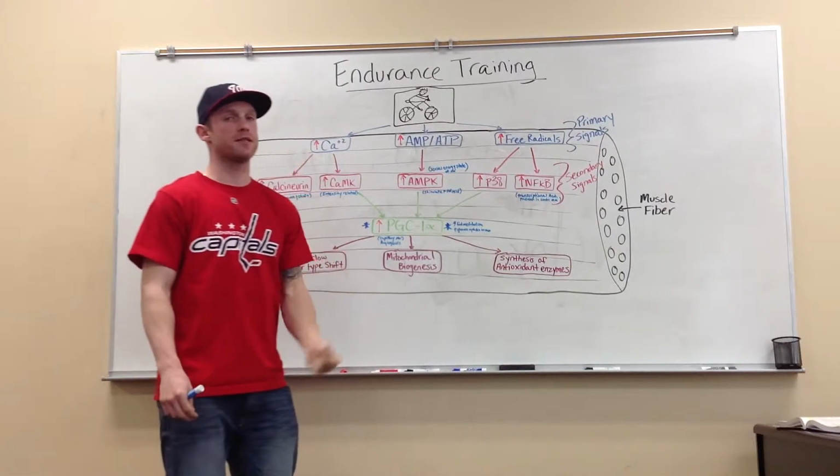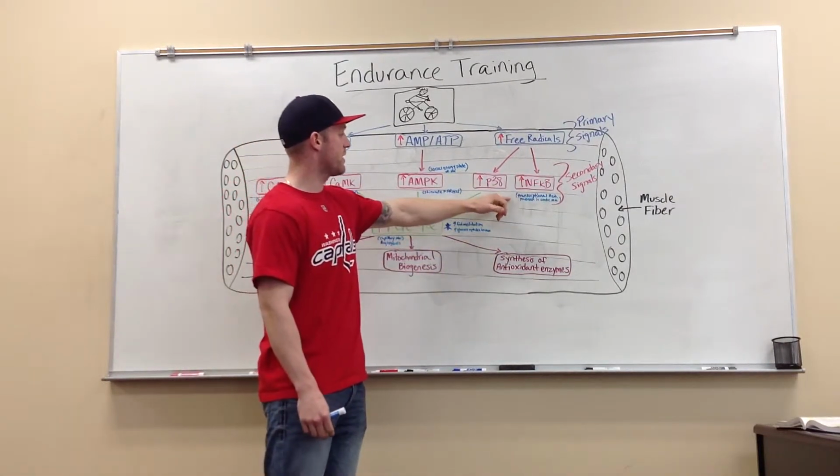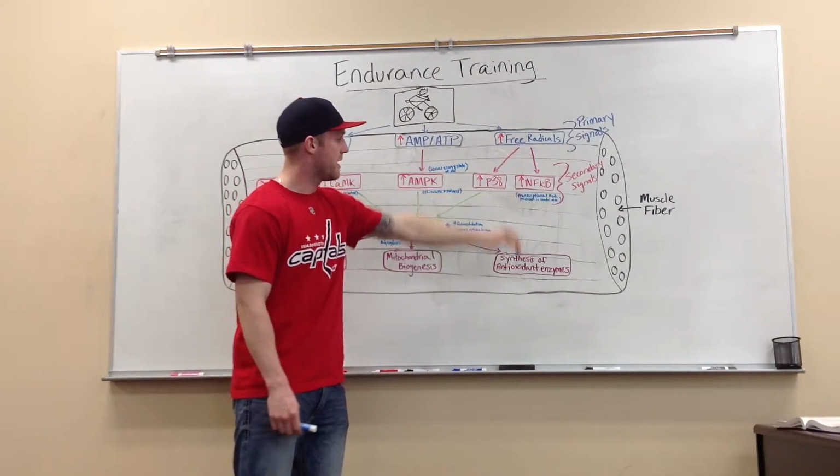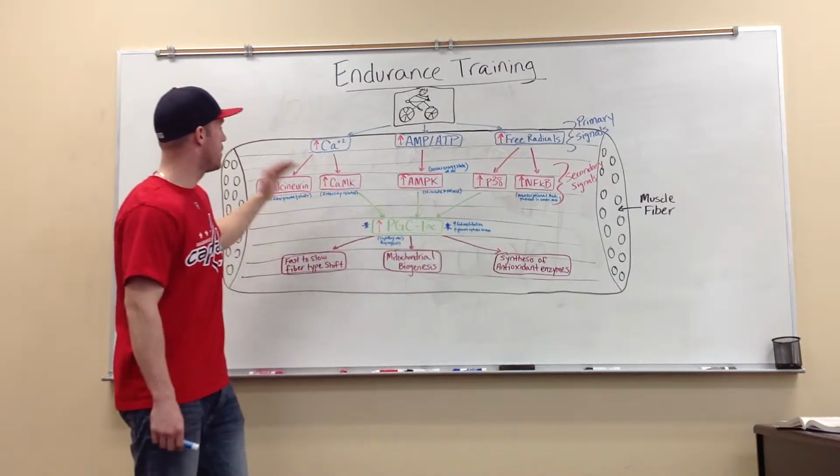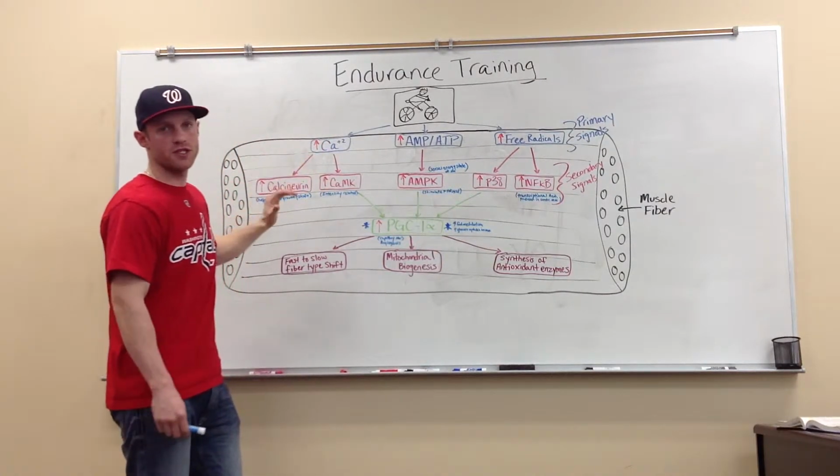As your muscles are contracting, they produce this transcriptional activator, NF-κB. Don't really get caught up in the details. Just know which ones are primary and which ones are secondary.